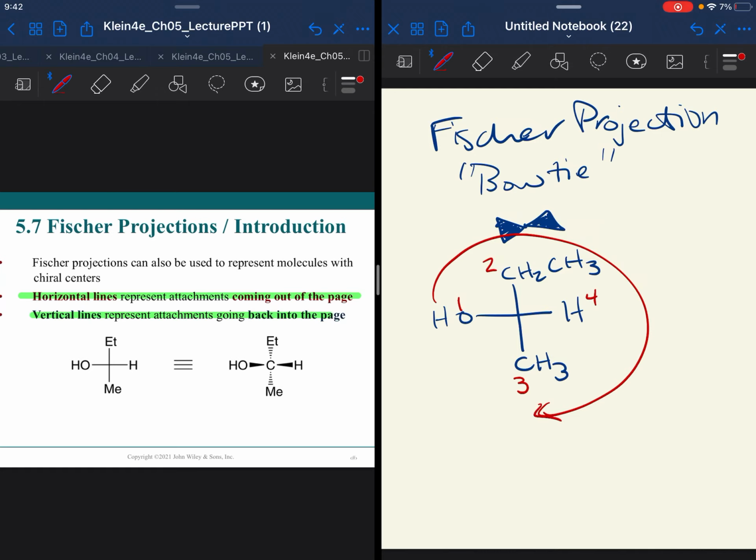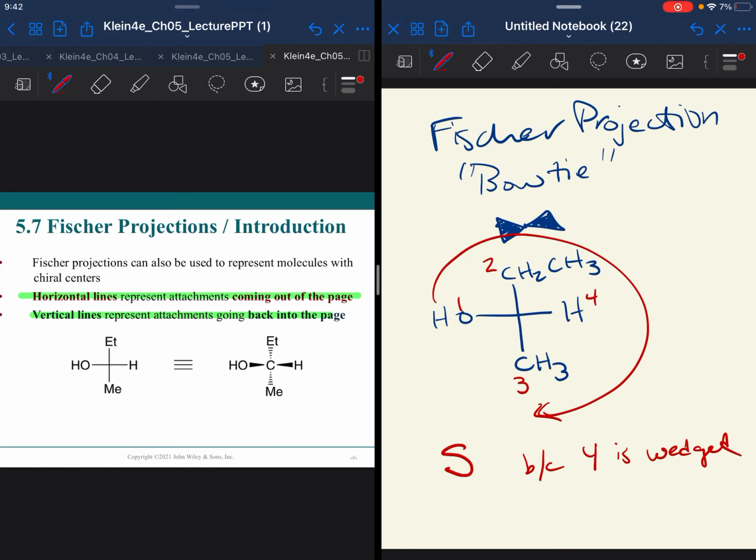Now, what's nice about Fischer projections, you don't ever have to do double replacement because 4 is always either in the back or in the front. So since the 4th priority is coming towards you, we're going to do the opposite of the rule. So if clockwise is R, in this case, it's going to be S because 4 is wedged, right?